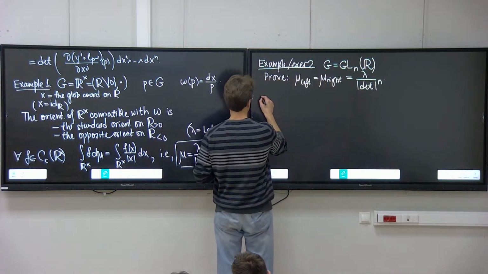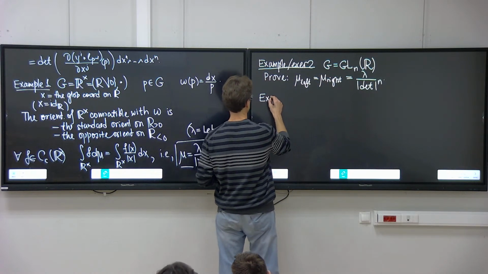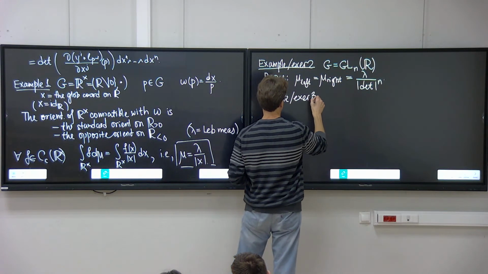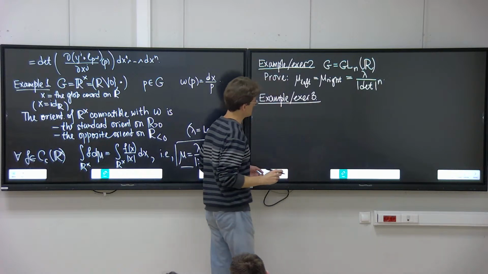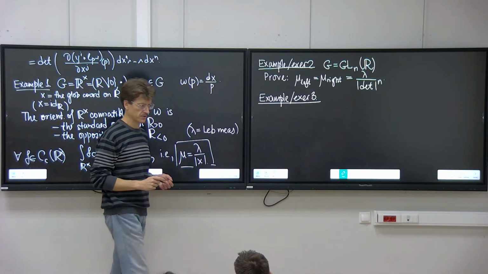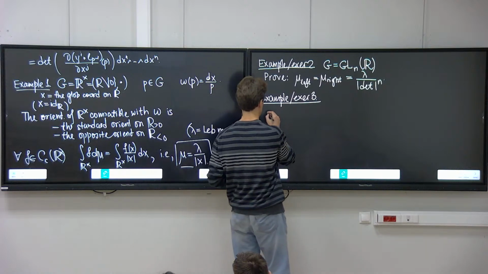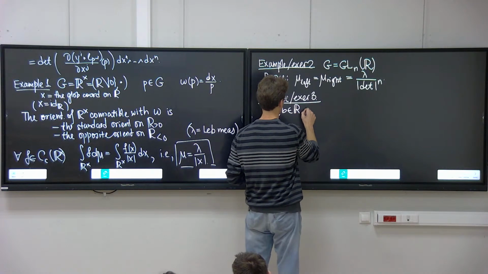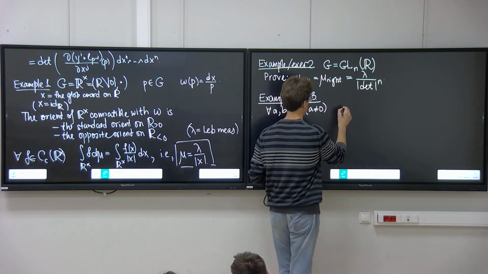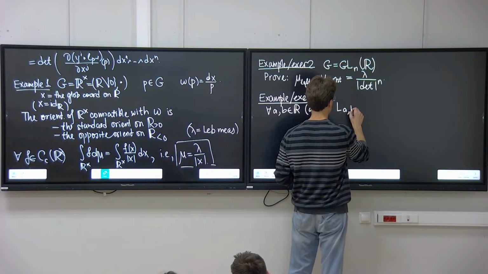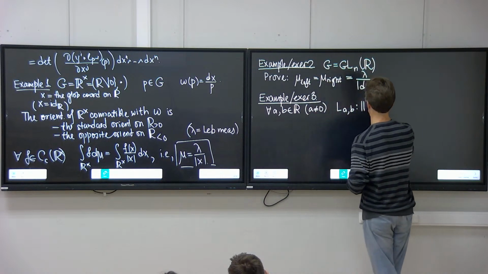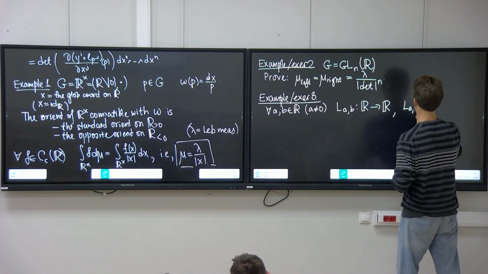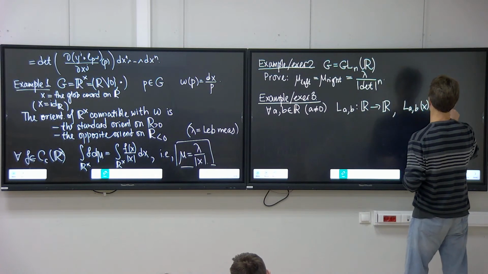And one more exercise, exercise 3. Let's consider the group of affine transformations of the real line. For every two real numbers a and b, where a is non-zero, let L_{a,b} denote the following self-map of the real line, given by the following simple formula: ax plus b.